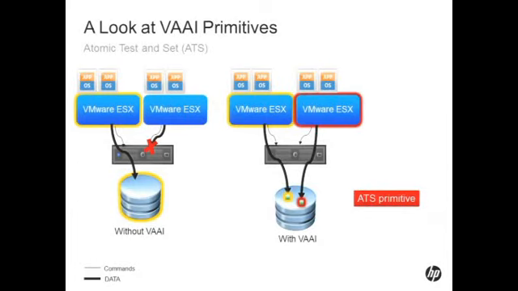With VAAI, because atomic test and set makes changes to the sector on disk at the block level, we do not require ESX to be locked out, and you have concurrent LUN access. So with ATS, this allows you to scale more, do more operations.